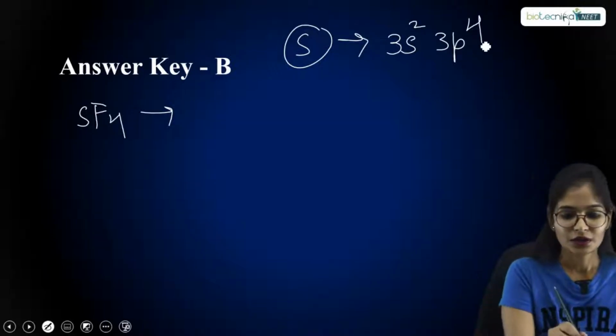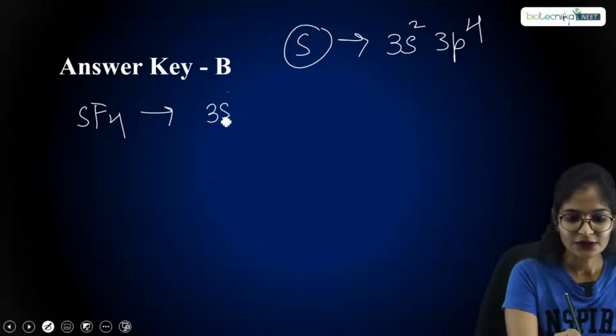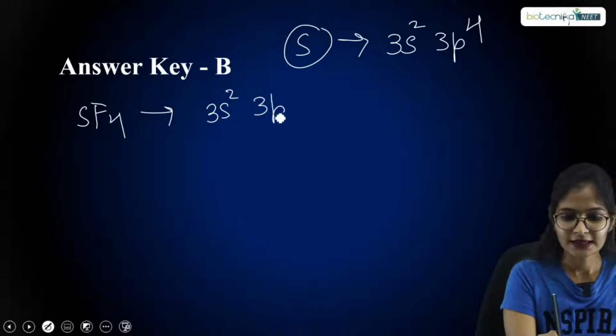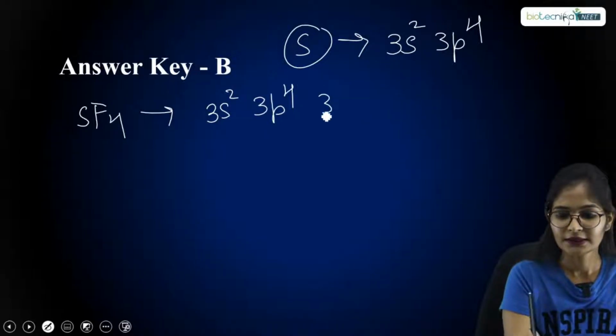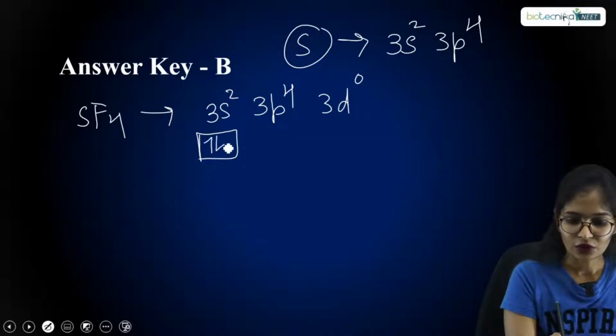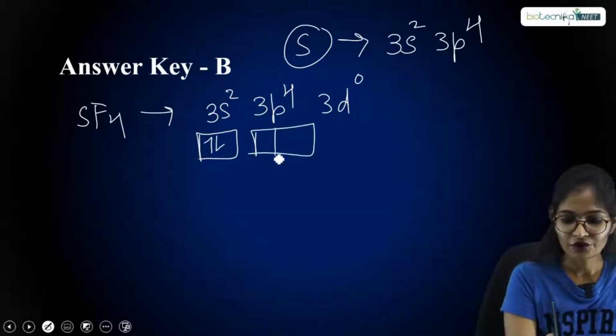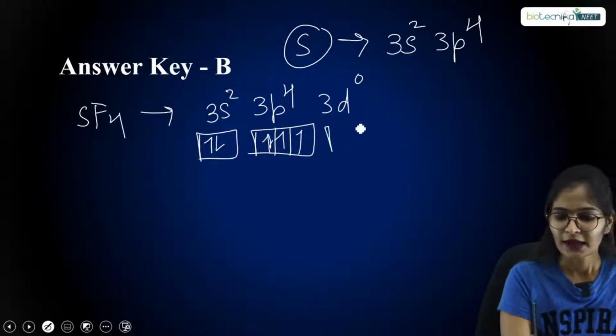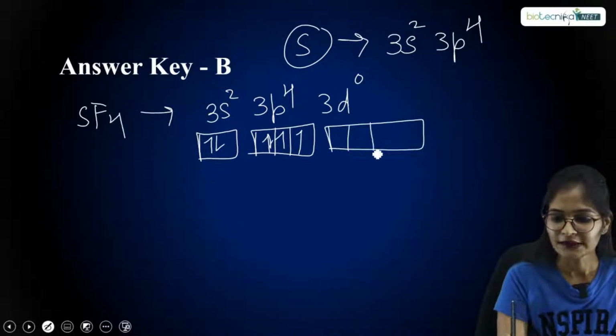Its ground state electronic configuration is 3s2 3p4 3d0. In the s orbital we have 2 electrons, in the p orbital 4 electrons, and in the d orbital 0 electrons.